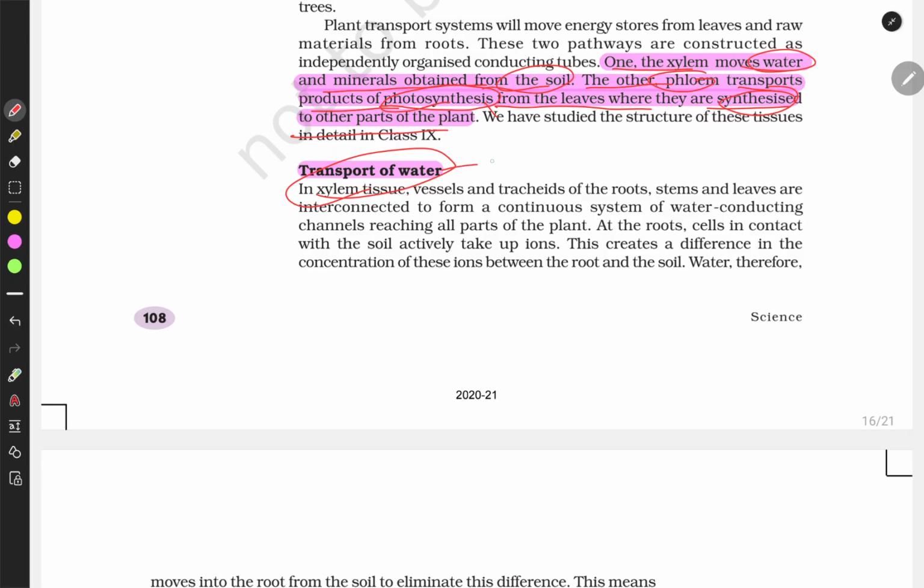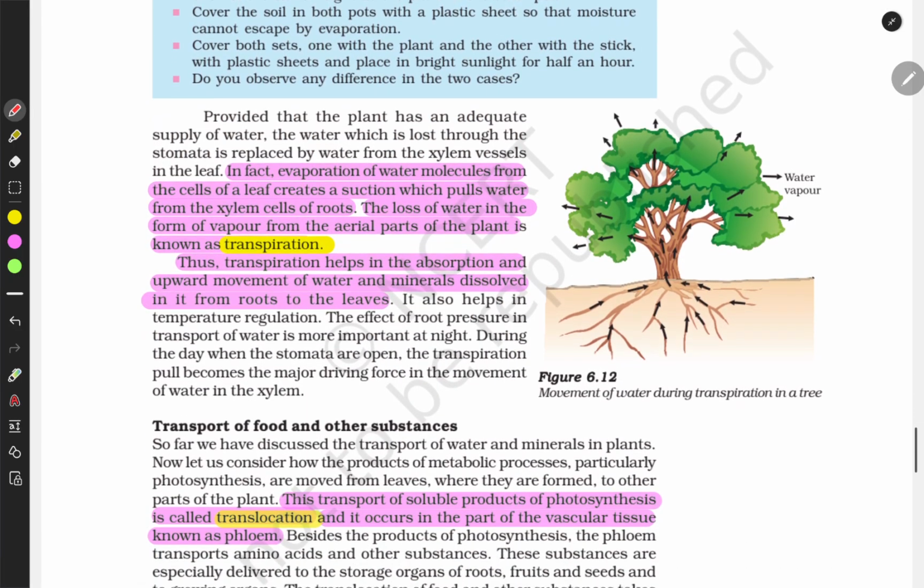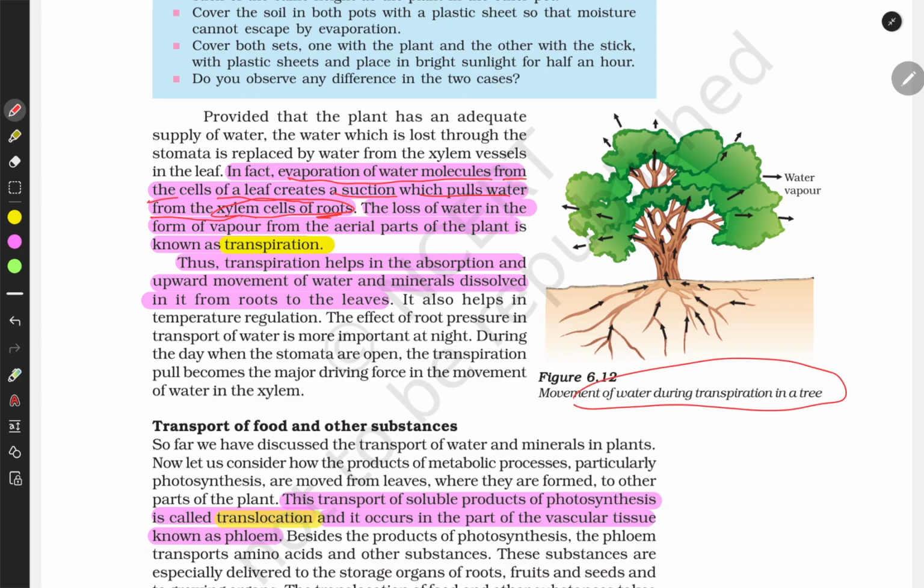Transportation of water is done by the xylem. Evaporation of the water molecules from the cells of the leaves creates a suction, which pulls the water from the xylem cells of roots, so through the xylem the water goes up to the top of the plant, to every part.